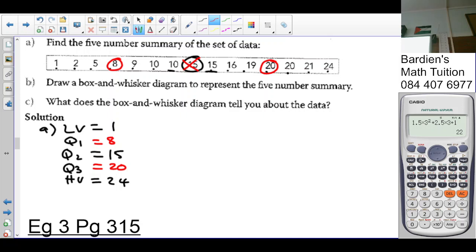You all understand? Then it says draw a box and whisker diagram to represent the 5-number summary. You all know how to do that? I'll give you a minute to sort it out. Quickly, no?